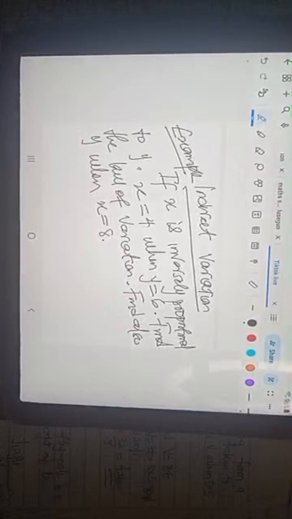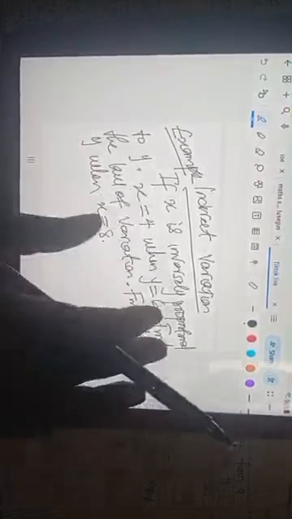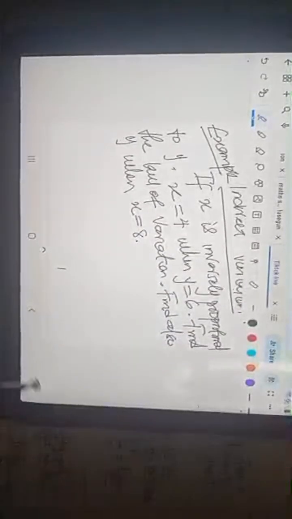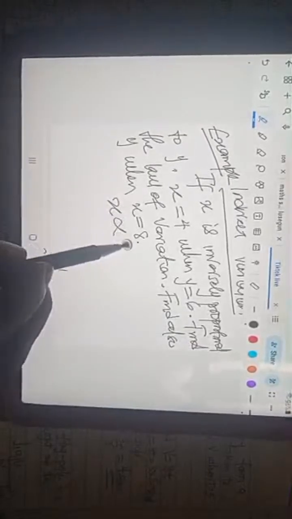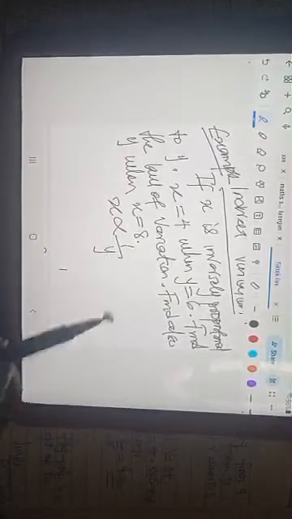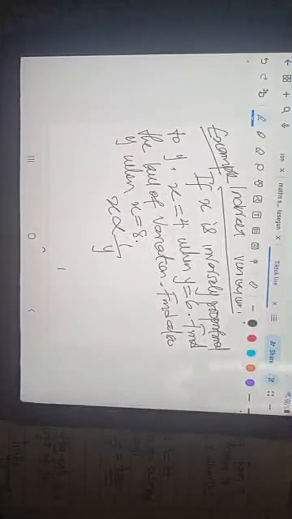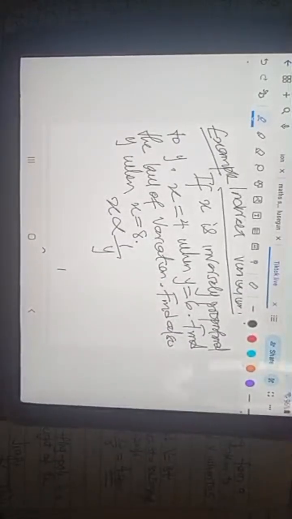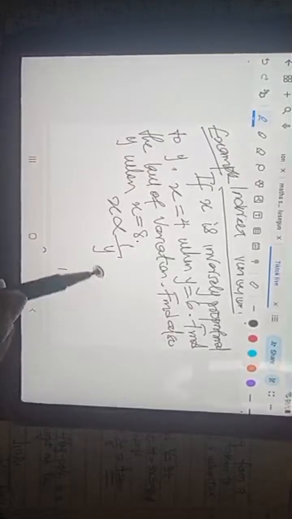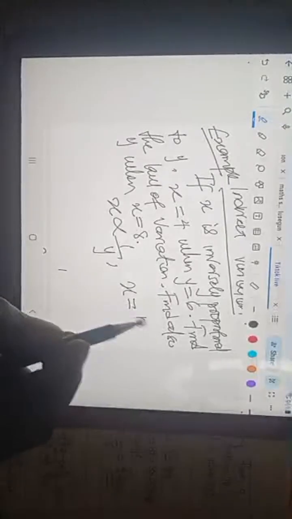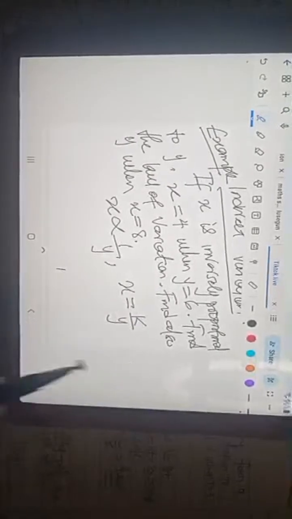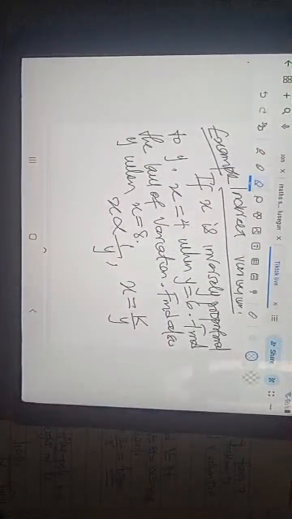So now the first thing we are going to do is say x is inversely proportional to y. So the meaning is x is inversely proportional to y. This is just the meaning. Please let's reason in the comment section so I can be able to know what I'm doing. So mathematically, x is then equal to k over y. That is mathematical terms, and that is the law.